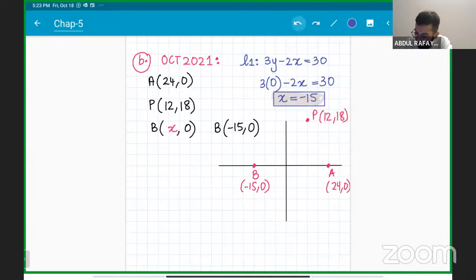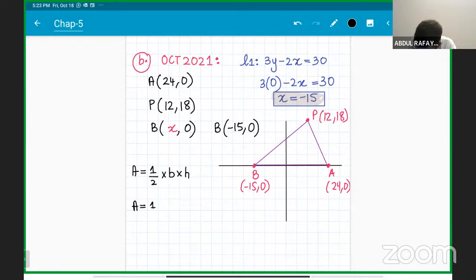You just have to apply half the area of the basic triangle. I mentioned already that in this chapter we take the area of the basic triangle, the area of the right angle triangle, which is half into base into height. So anyone can tell me what will be the base and height? It's very simple, students.